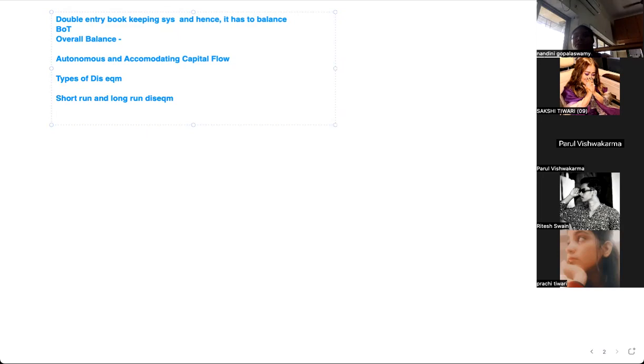So when I say short run and long run disequilibrium, this is there for a short period of time. Short run disequilibrium, say up to 5 years maximum, right? It's a temporary disequilibrium where supposing I have always borrowed, I need to settle my borrowings. Like I have a project going on, I need to borrow for 5 years. That is a short run disequilibrium.